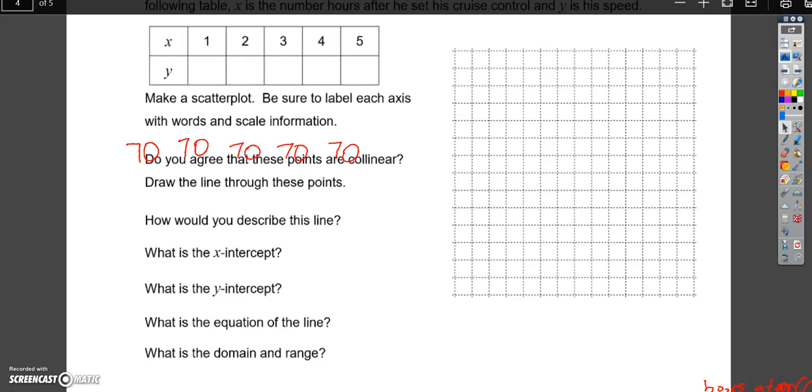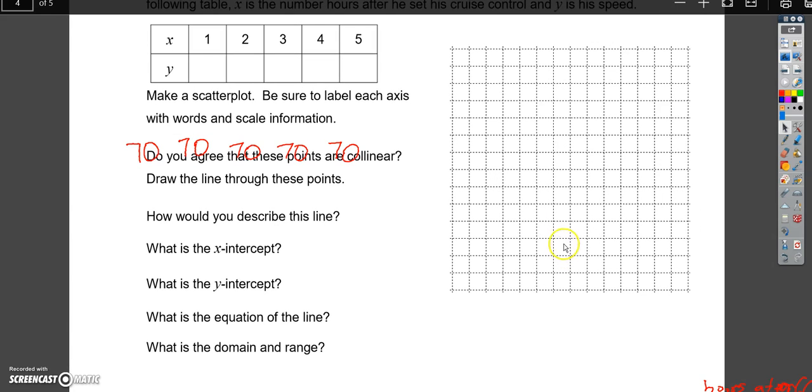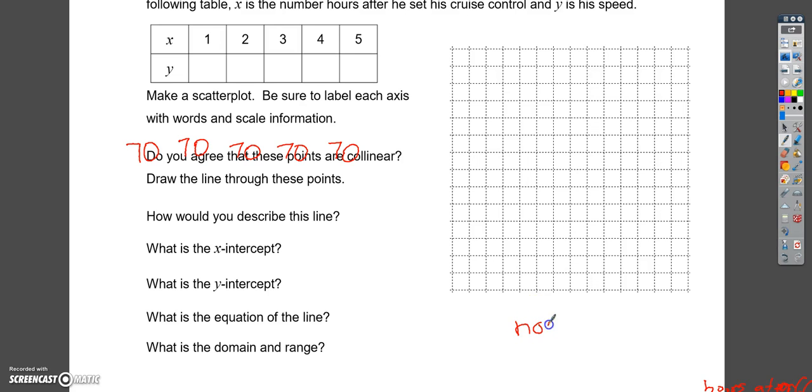Maybe if I make it smaller. There we go. So, hours after cruise control set. So if this is 0, 1, 2, 3, 4, 5.